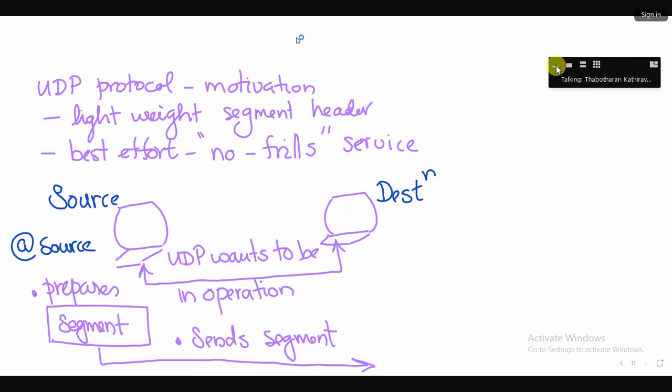Something to note, we'll assume that it arrives. Sometimes it may not arrive because of the network, since the network is best effort service, but now we'll assume it arrives.